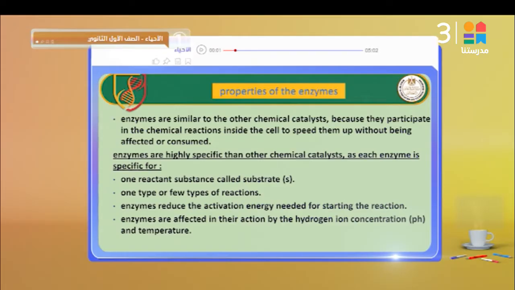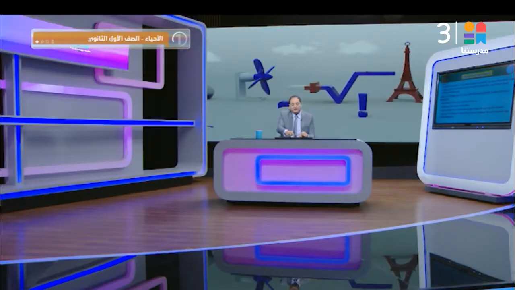Basic starts from 8, 9, 10, reaching to 14. The most basic or alkaline is 14. This is essential for the structure of enzymes, so it affects the structure of enzymes directly.